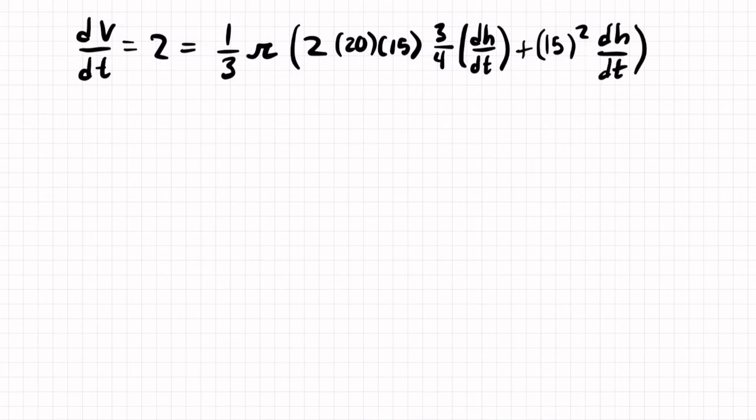So now it's just a matter of doing a little bit of algebra. We can solve for dH dt, we can pull these guys out. So we'll have 2 equals 1/3 pi times dH dt times a bunch of this nonsense.